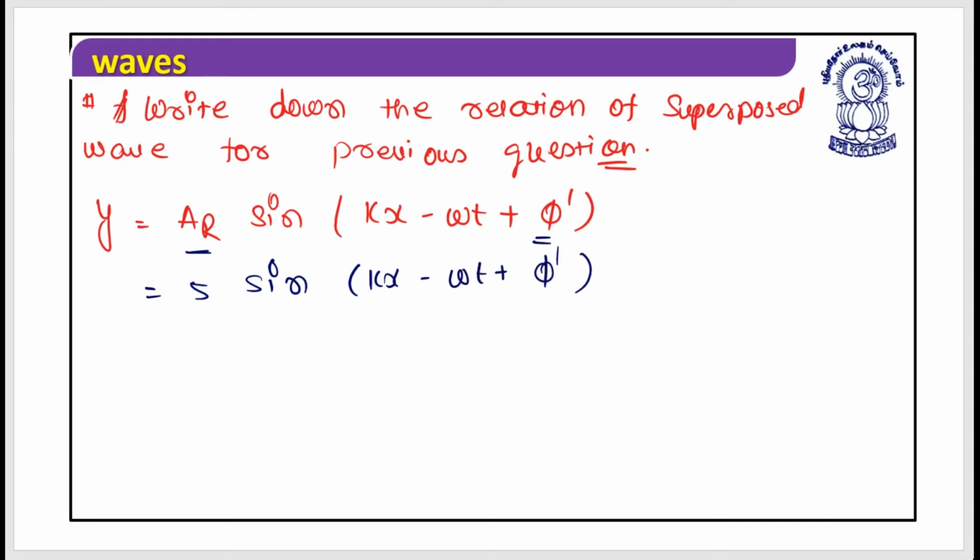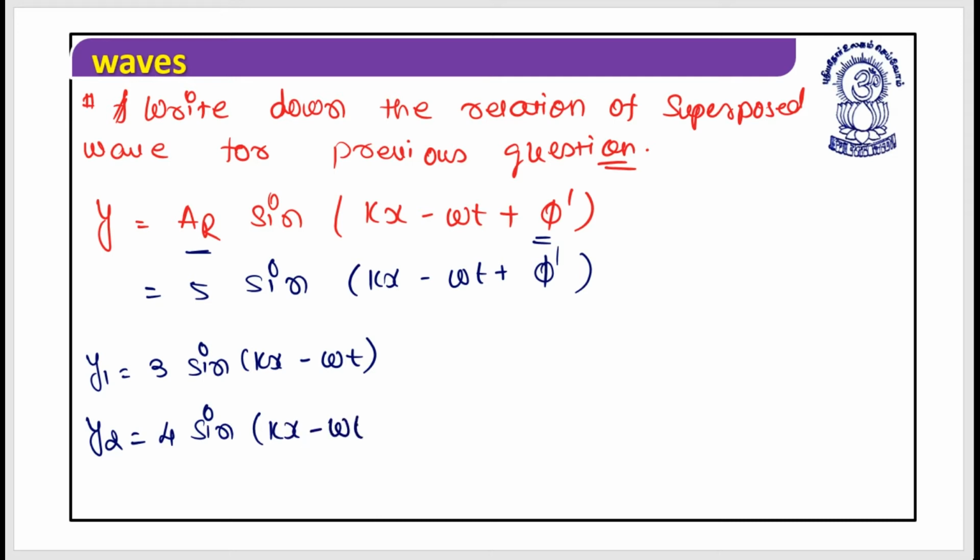Yes. Now if I want to find phi dash, how can I do this? Let's have a look. My first relation, y1, was 3 sine kx minus omega t, and the second wave, y2, is 4 sine kx minus omega t plus pi by 2. The phase difference between these two is pi by 2.